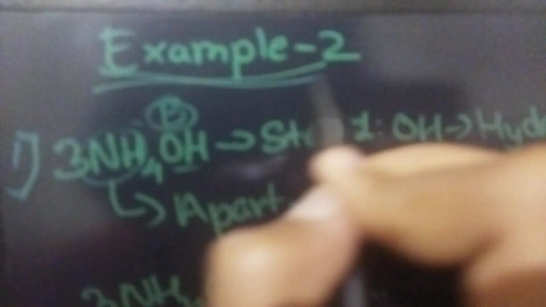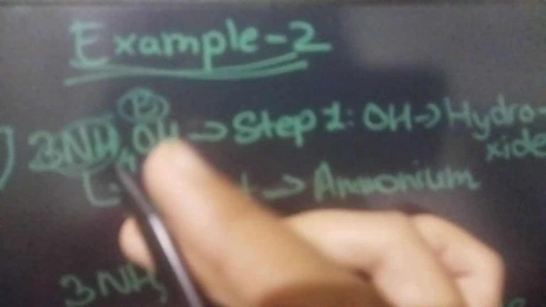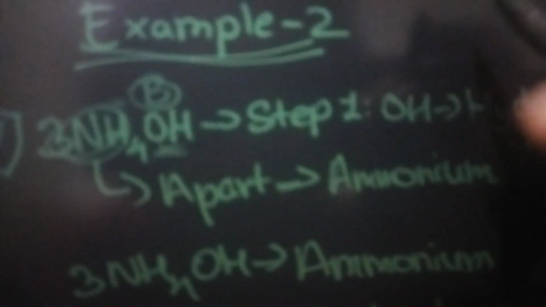So here you go, we have covered 2 examples here. So let us try to recap everything that we have done. In step 1, we focus on the B part of the equation, and if an equation is ending with Cl, it means chloride, and OH means hydroxide. In step 2, that is the last step, we deal with the first part or the A part of the equation, that is NH, or in the first example it was Fe.